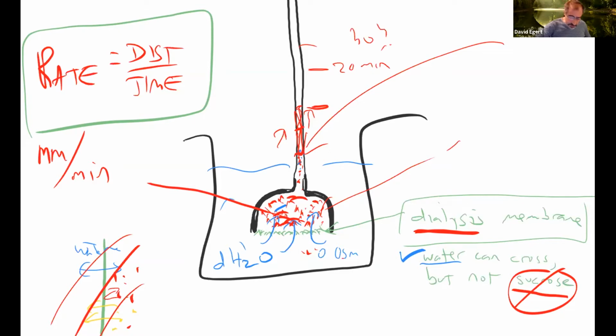This is the actual measured dependent variable. Even though we're interested in the rate of osmosis, what we can really measure is the rate water goes up the tube, and we say that is our measure of the rate of osmosis.